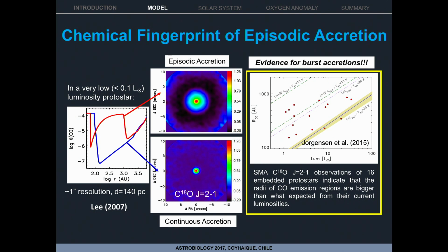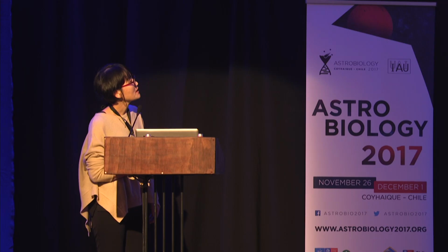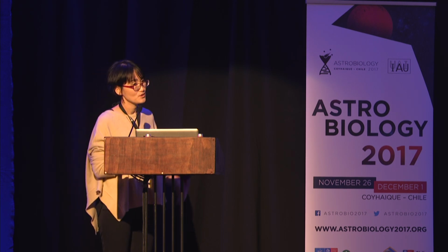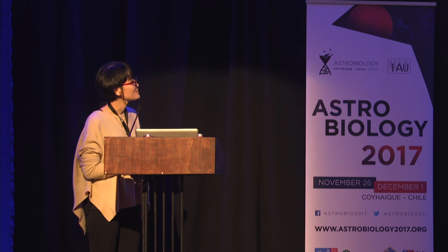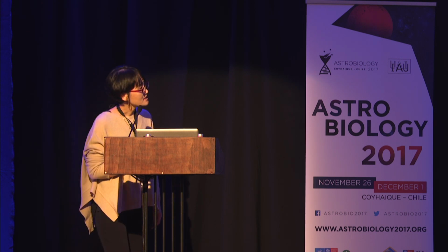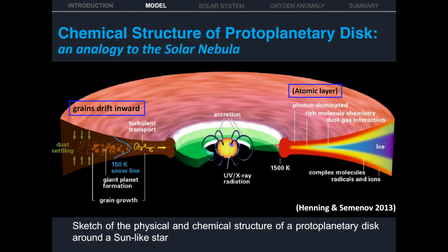I would like to give a quick summary of the chemical structure of a protoplanetary disk with this slide. You have already seen these figures several times. This disk is heated mainly by the central source. The matter close to the center and the surface is hot, but getting colder downward and outward.